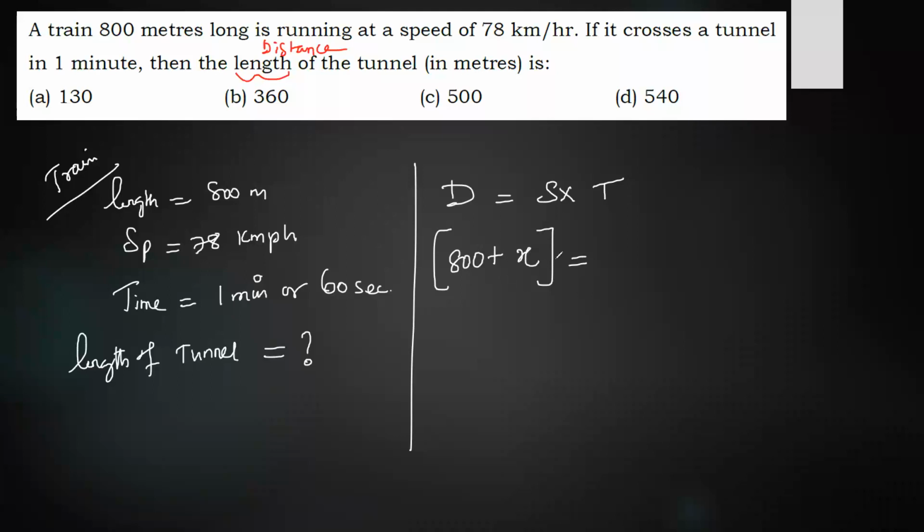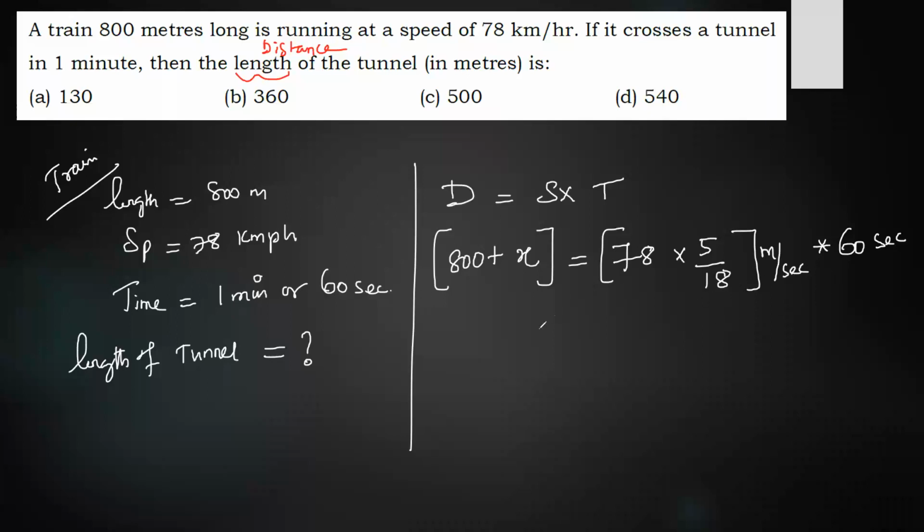For distance, we need to add the train length as well as the tunnel length, right? So train length plus tunnel length. Only for the person or an electric pole, distance is 0. Other than that, we need to add the distance with the train length. So 800 plus tunnel length equals speed, speed is 78 km per hour.